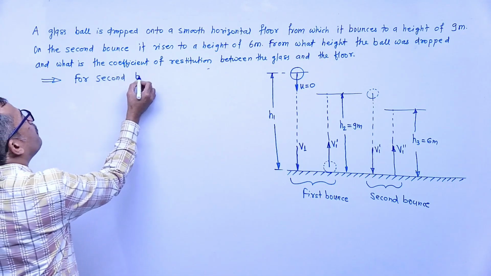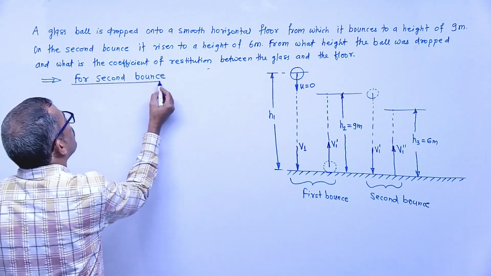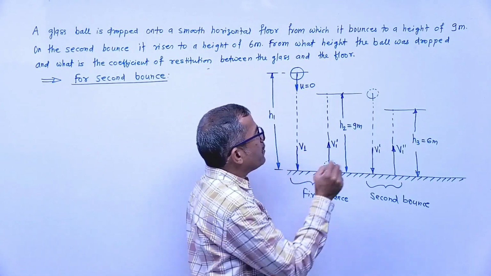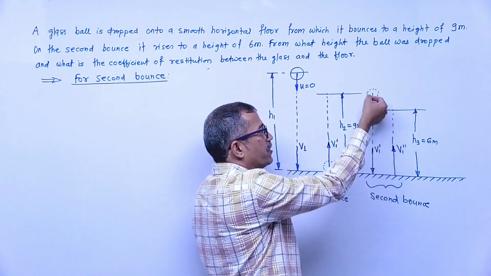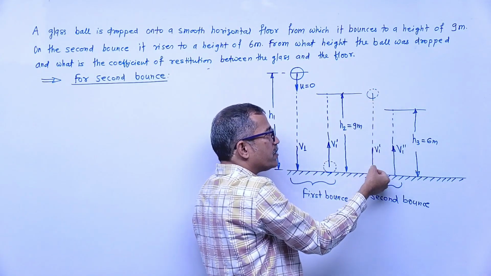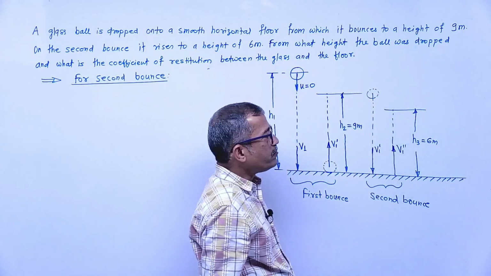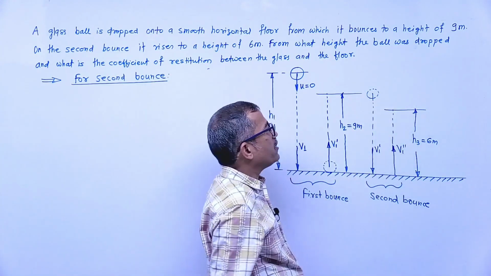Now, the law of conservation of energy I already explained, still in 1 minute I will tell you. When it moves in downward direction, potential energy gets converted into kinetic energy. When it bounces, kinetic energy gets converted into potential energy.